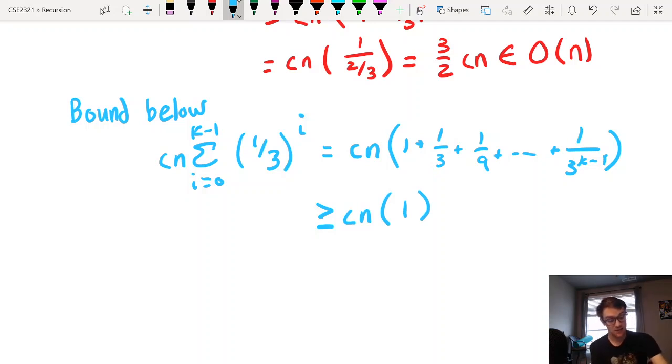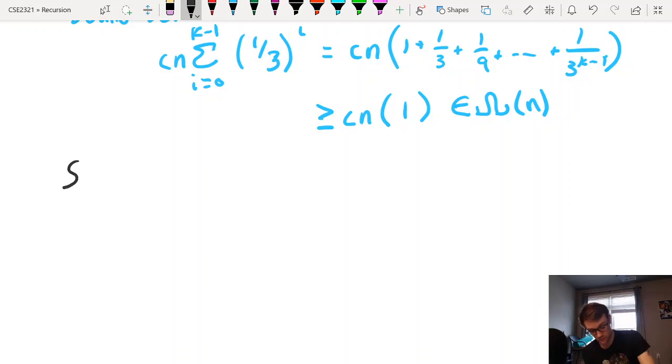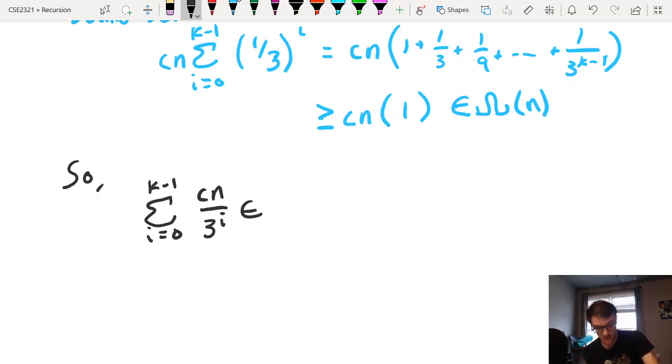Hey, look, cn times 1, that's pretty obviously in big omega of n. And now we've shown the summation is in big O of n in the red part and big omega of n in the blue part. So the original summation from i equals 0 to k minus 1 of cn over 3 to the i is in theta of n.